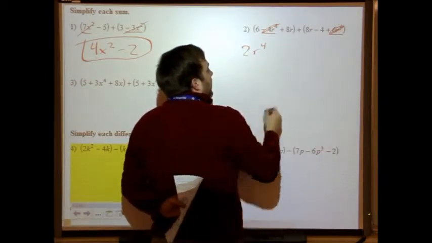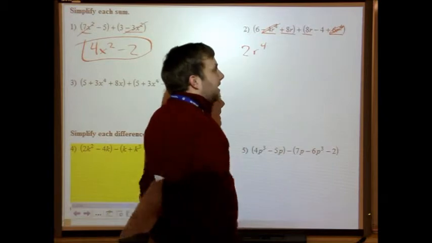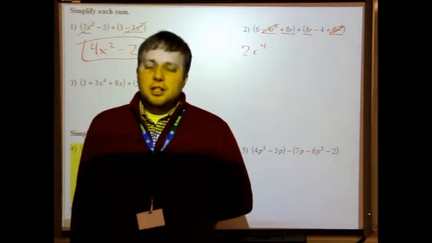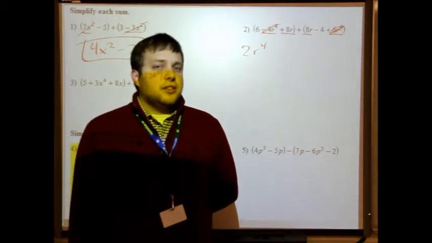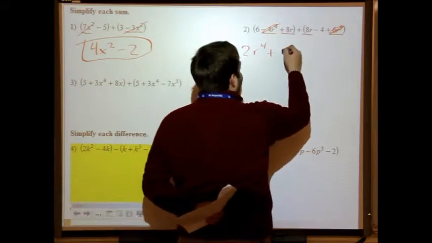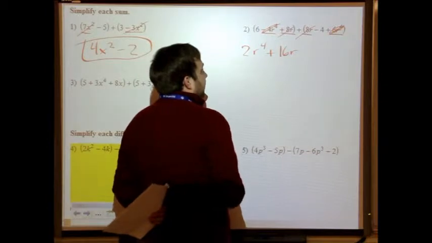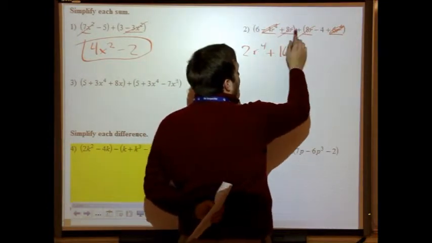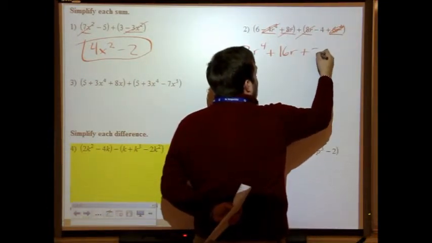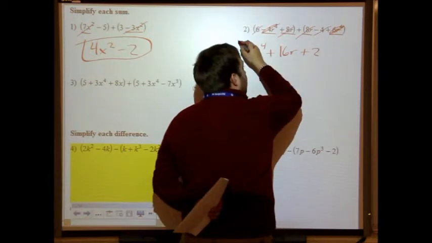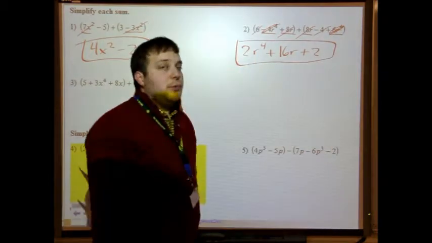Then the next one up for grabs is my 8. Well, 8r plus 8r, positive 16r. And then finally I have 6 minus 4, 6 and a -4, that gives me, last I checked, 2. Done. See, that's not too bad, right?